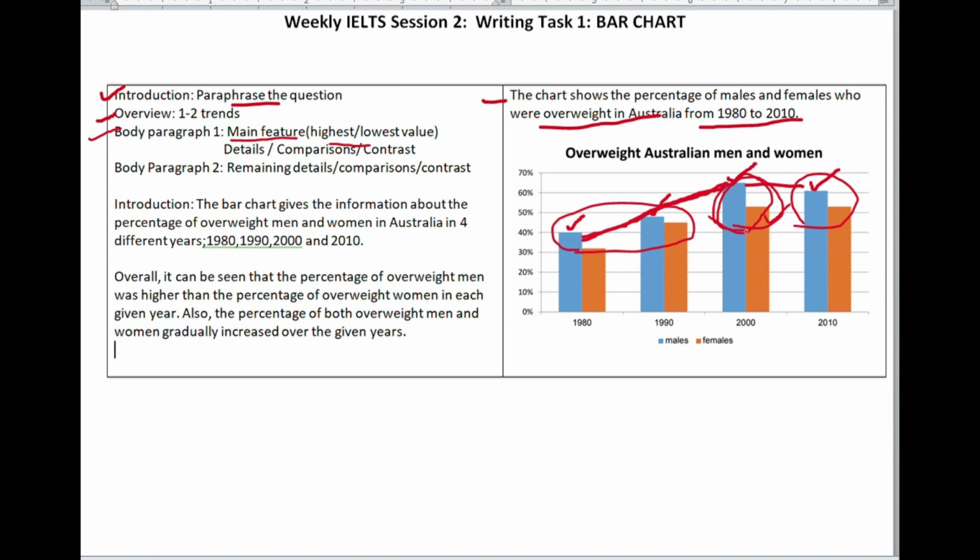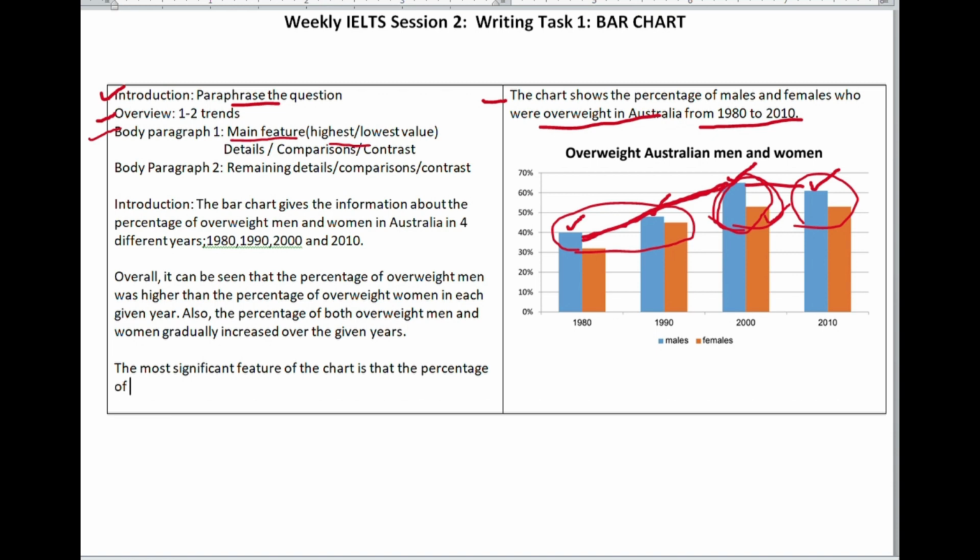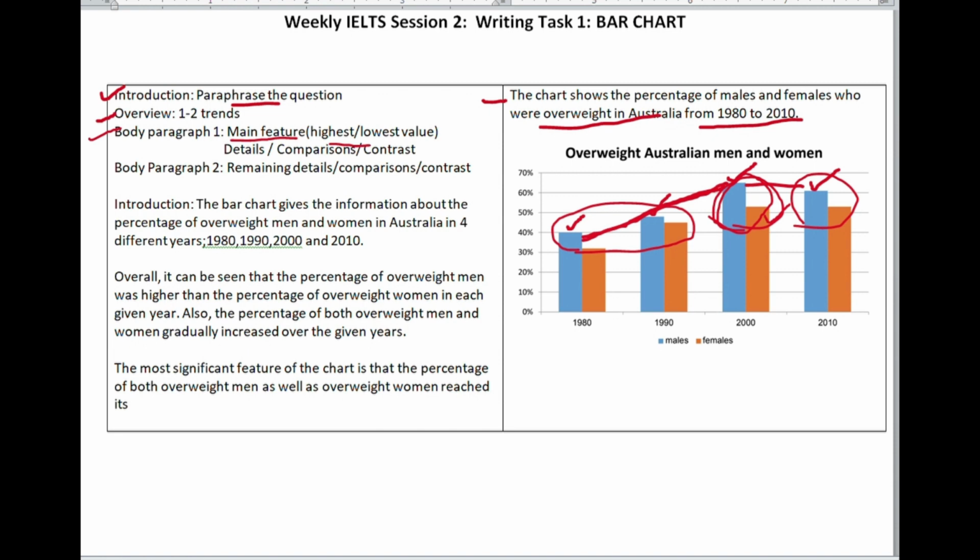To start the body paragraph 1, we use the phrase the most significant feature of the chart is that the percentage of both overweight men as well as overweight women reached its peak.